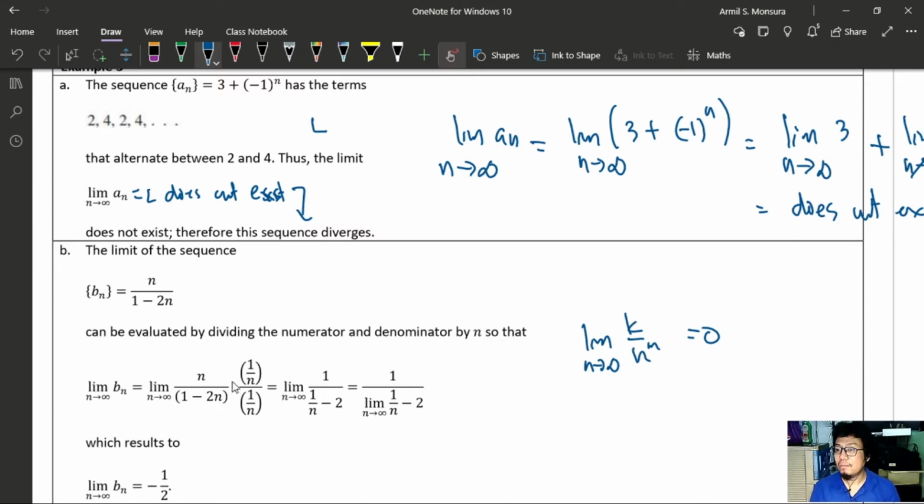In this case, if I divide the numerator by n and the denominator by n, I would be able to produce this 1 over n minus 2.